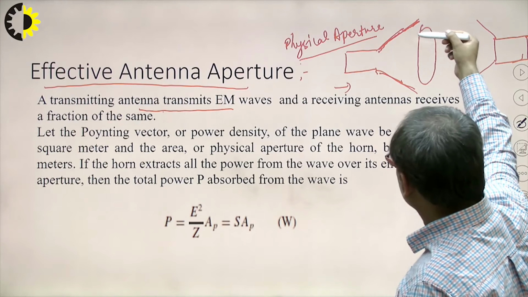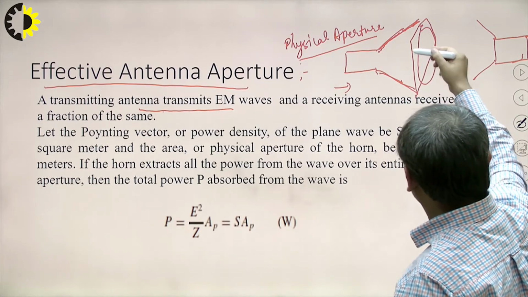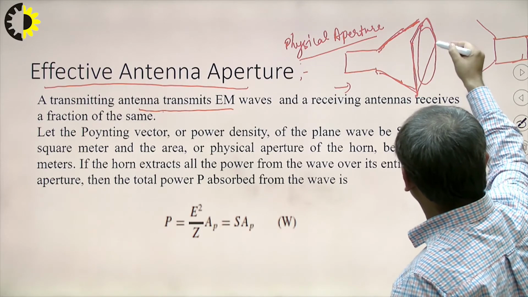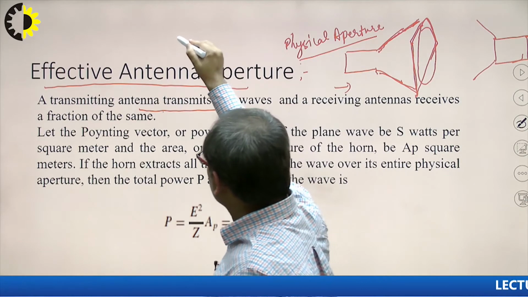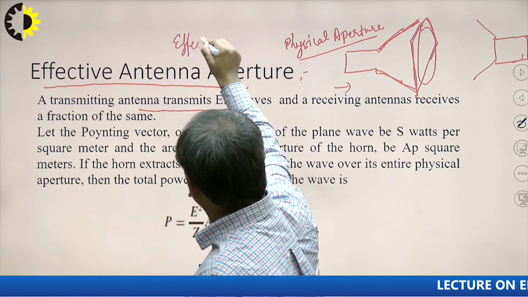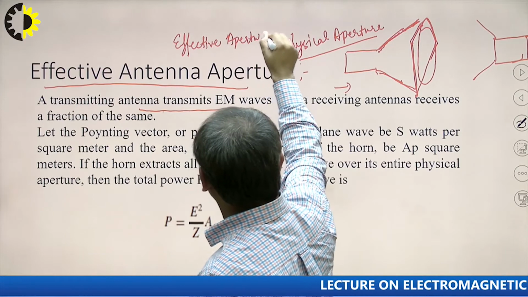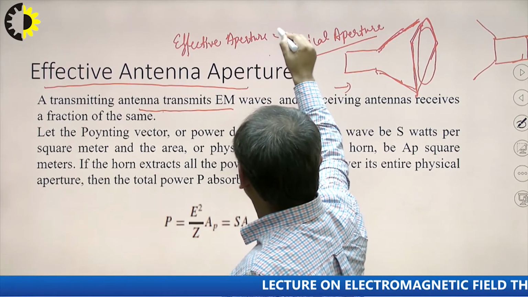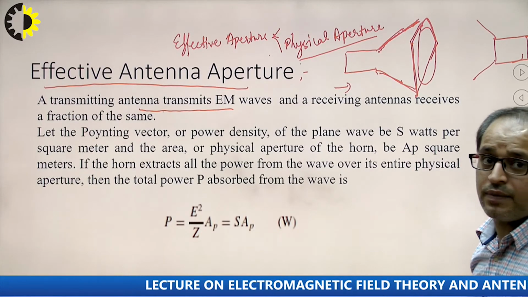If I say this is a three-dimensional figure, then the exact aperture will be known as the effective aperture area, and this effective aperture area is always less than the physical aperture area of your antenna. Clear?